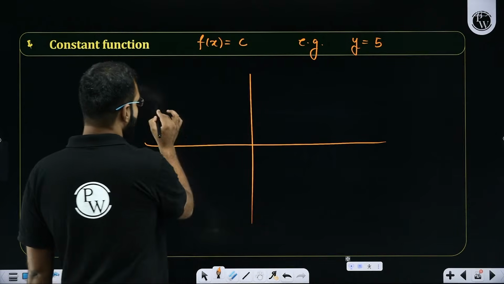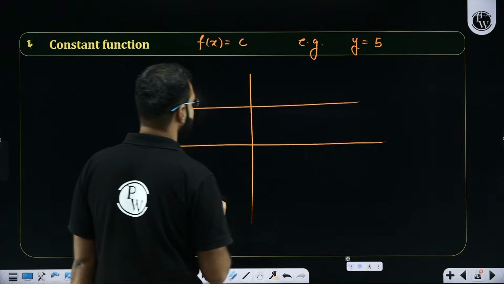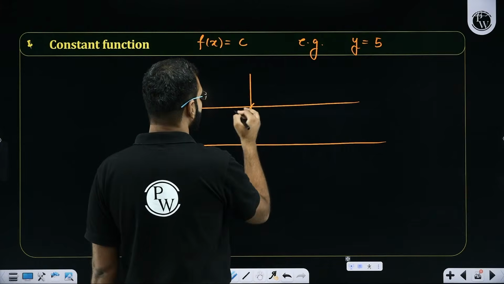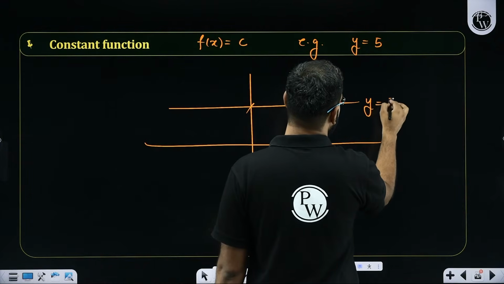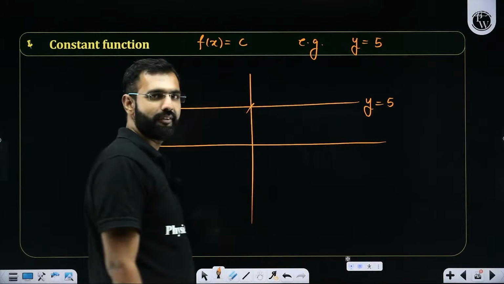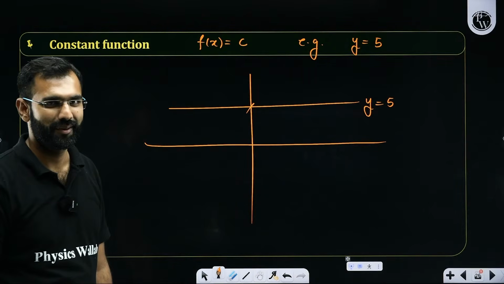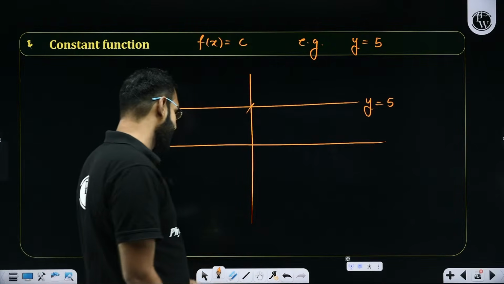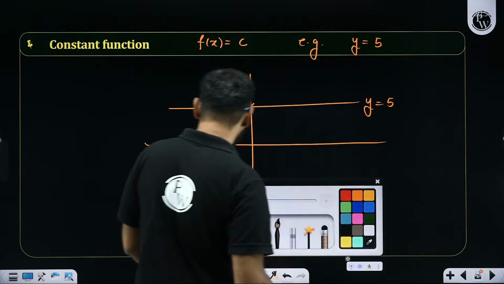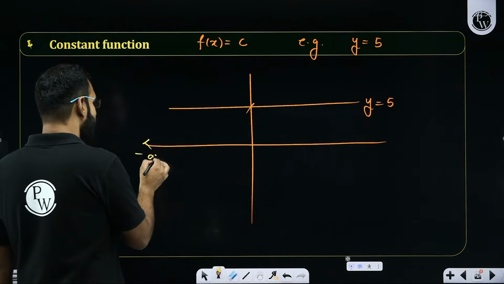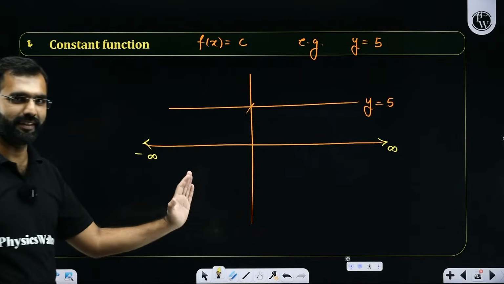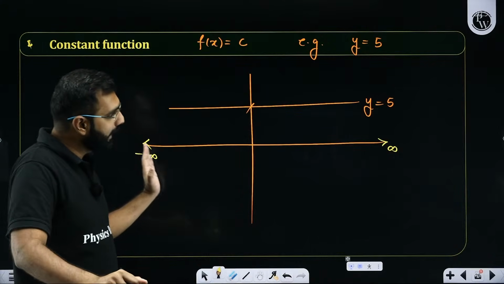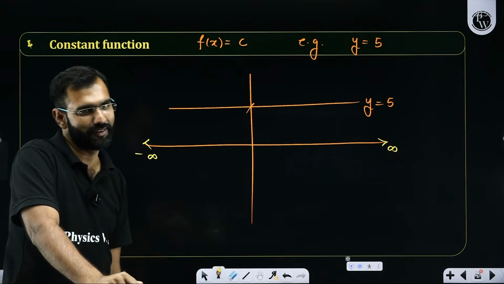So here, there is a straight line parallel to the x-axis passing through (0, 5), which I'll denote by y equals 5. Which means I have inputs from minus infinity to infinity, so on the x-axis, I can try any value from minus infinity to infinity, yes or no?